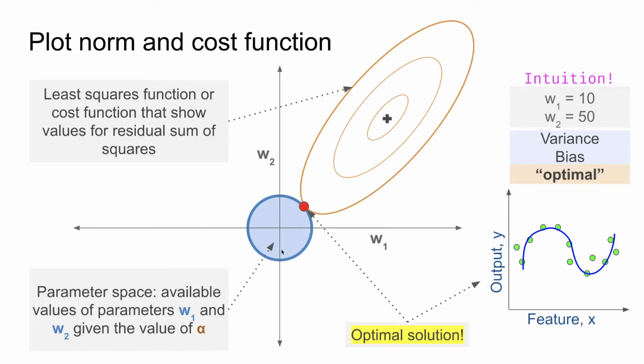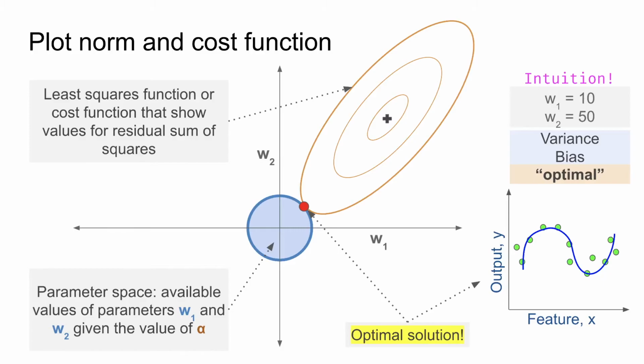So the norms help us regulate or tune the cost function such that we can have a model that fits through the data we have, such that the residuals are as small as possible, and it helps us see the trade-offs between the bias and variance.